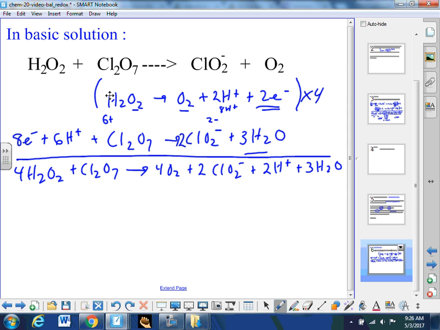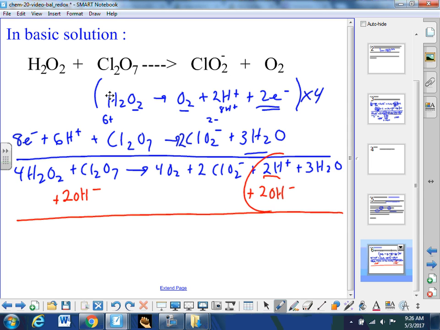And now, because we have hydrogen ions, we have to add the same number of hydroxyls as hydrogen ions to both sides. These 2 hydrogens and 2 hydroxyls will form 2 water molecules. And so since all the water's on the same side, we will add and not cancel.